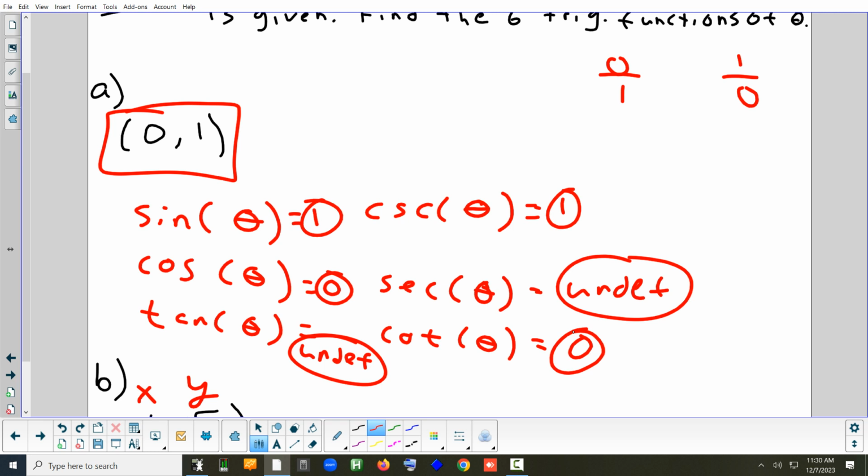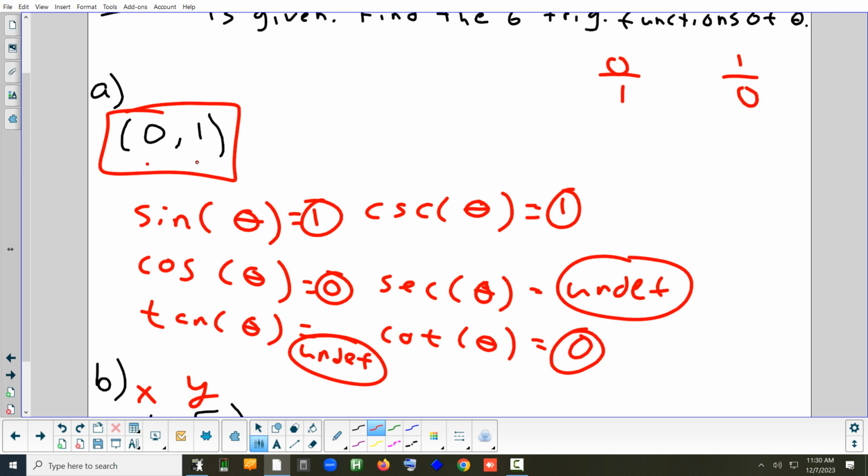So any question on finding the 6 trig functions for that point? The only ones that can have undefined values are the quadrantal angles. And that's because there's a 0 in the coordinate. If you don't have a 0 in the coordinate, you'll never get an undefined. You can't.